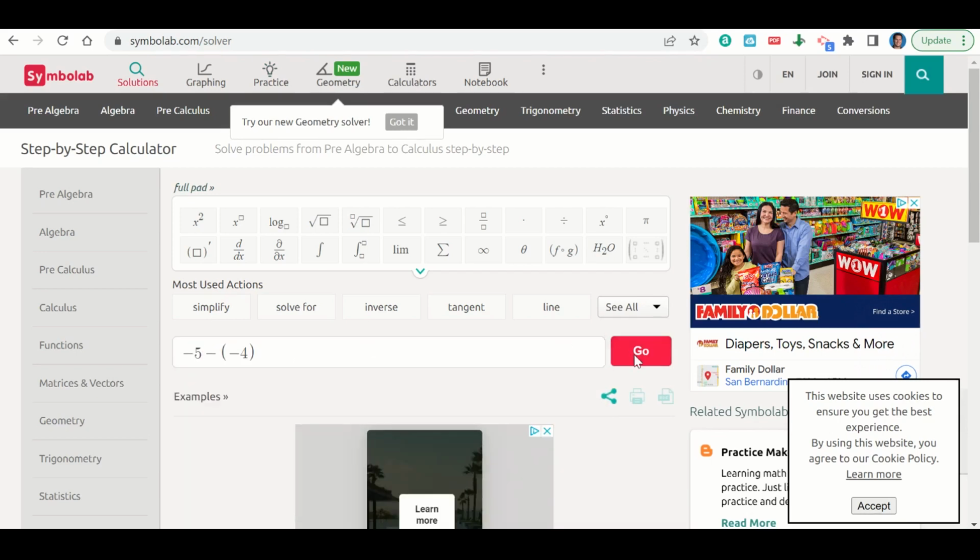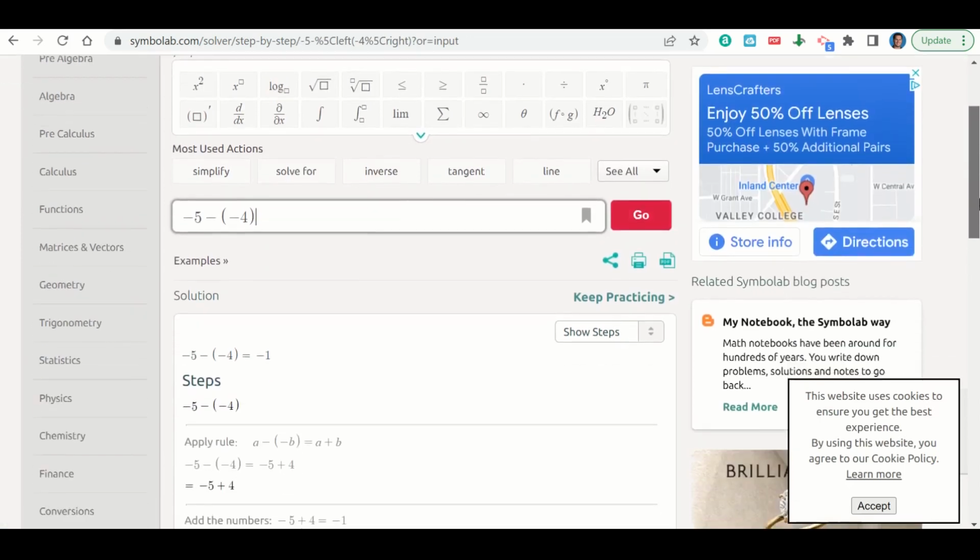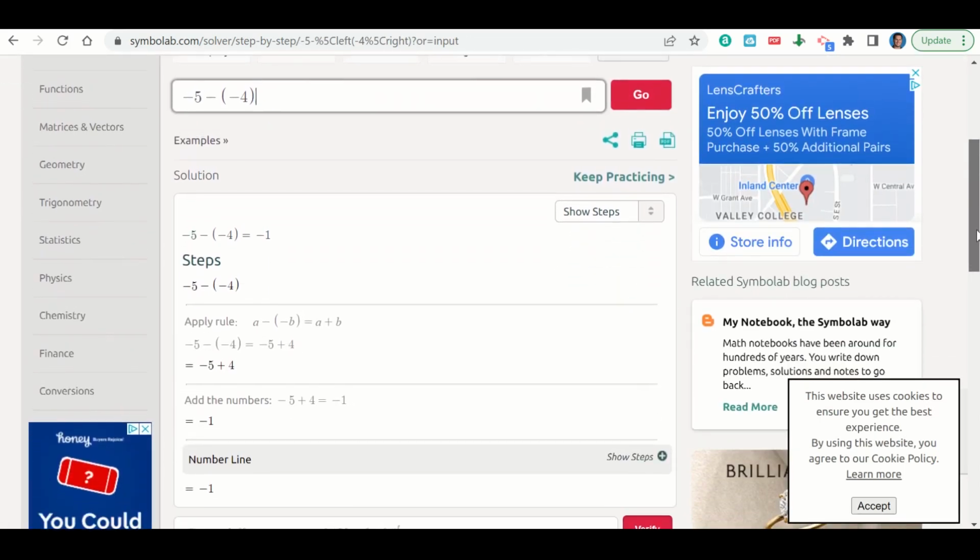We can go ahead and click go, and it'll show us not only the answer, but step by step how to do this. So we should see that we had -5 minus -4, and when we have a minus a negative, it becomes plus positive, which they did here, so it's -5 plus 4, which is -1, and that's our answer.